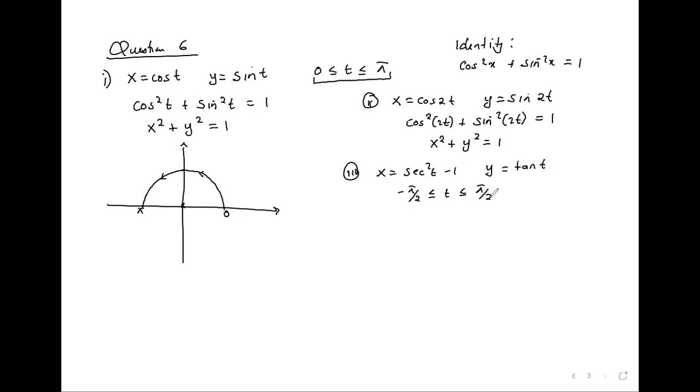Now here we have a relationship. The identity that we have for tan is of which nature? Let's see. Tan squared x is equal to sec squared x minus 1. Do we have this identity?